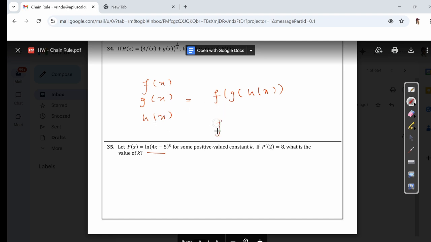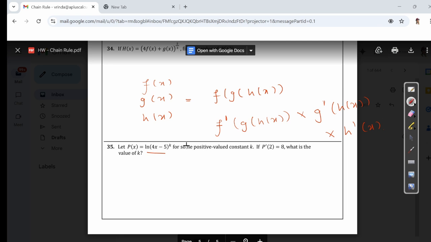So this becomes f prime of whatever is inside. Then you go one level inside, so multiplied by g prime of whatever is inside, multiplied by the inside function's derivative. Oh, okay.